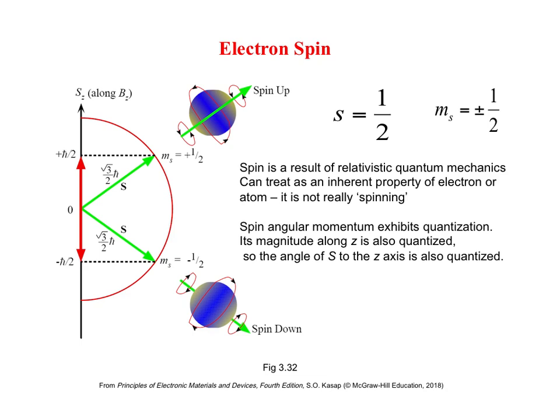We like to draw an electron as a spherical object spinning on its axis that gives its angular momentum. But it is better to consider spin as an inherent property of an electron or quantum particle, because it is not really spinning. The magnitude of the spin angular momentum s, as well as its z component, m sub s, is quantized. For electrons, this spin value is 1/2.